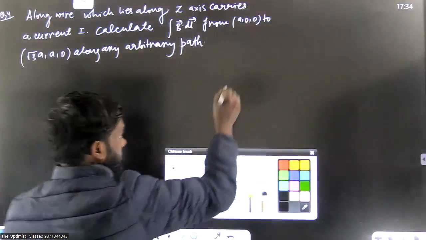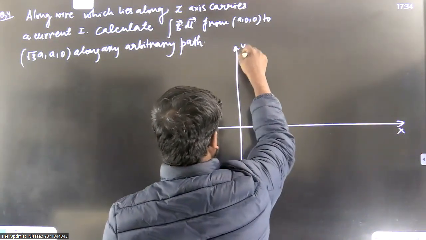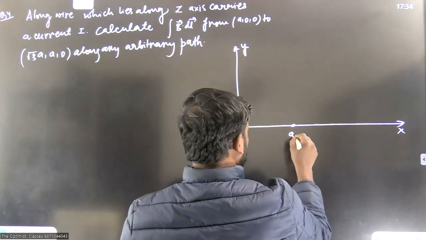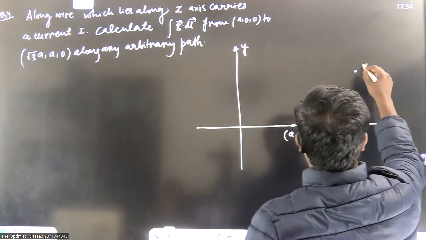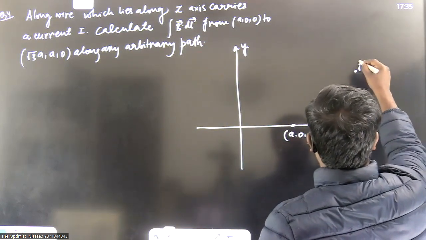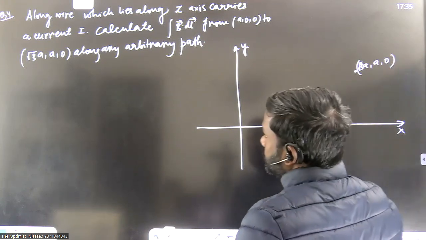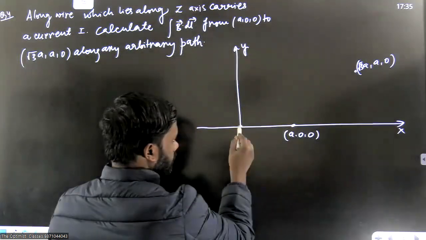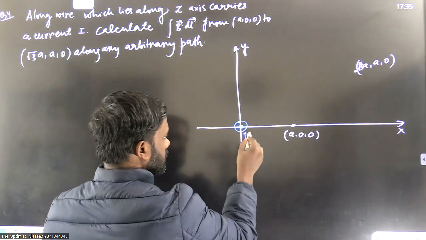See, the situation is something like this: this is the x-axis, this is the y-axis, this is the point (a, 0) and this is some point (root 3 a, a), and there is a long wire here carrying a current in this direction.